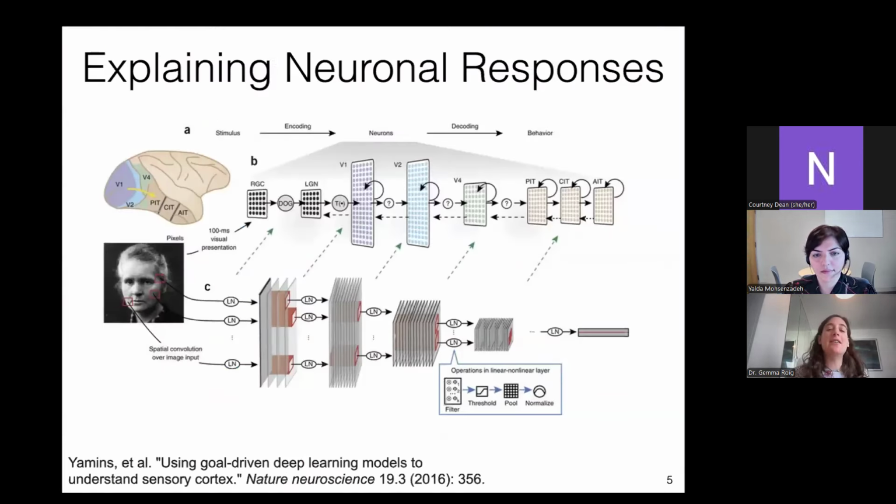And of course, we know that convolutional neural networks in particular were inspired by how the visual cortex processes images, like the localization of the processes, starting with filters, for instance, and then building up representations through a hierarchy.